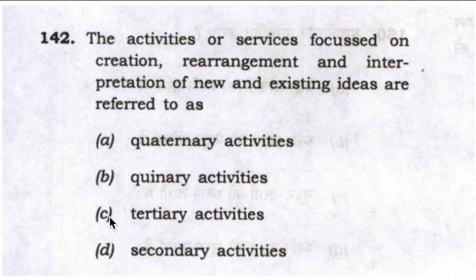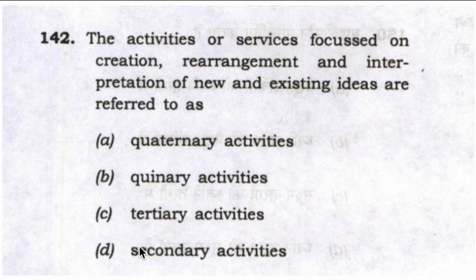Okay. Now coming to option C, tertiary activities. These tertiary activities cover activities like transportation, financial and real estate services, business, personal activities, education, health, social work. All these activities come under the tertiary activities. Now coming to the secondary activities, option D. This covers processing of raw materials like manufacturing, construction, industries.